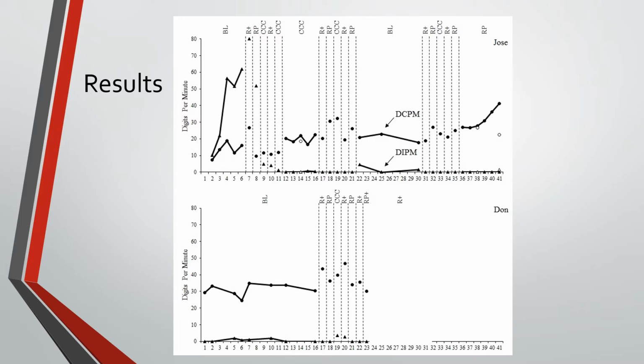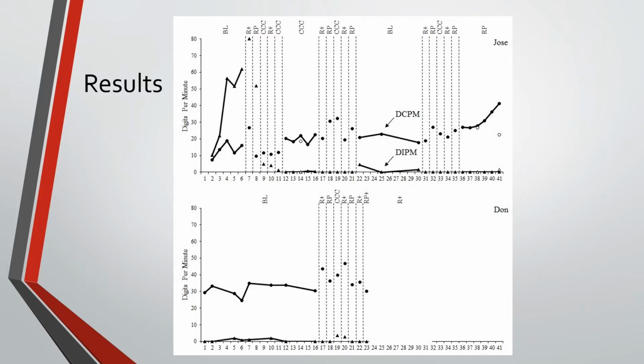And so when we run his brief experimental analysis, we actually see that contingent reward is the most effective, and you'll see an additional intervention condition in there, which is repeated practice plus. And so that was repeated practice with a reward, which was just something we wanted to implement and see what effects that would have on the outcome of digits correct and digits incorrect per minute.